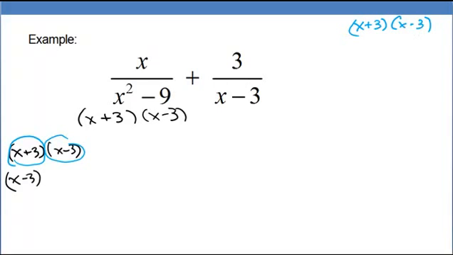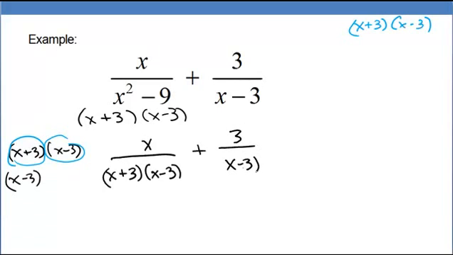The first fraction already has that, so we'll just rewrite it with that factored denominator. For the second fraction, we'll bring down what we have. We have the x minus 3, so this one is missing the x plus 3 on the denominator. Do the same to the numerator. And then we'll get ready to clean that up.